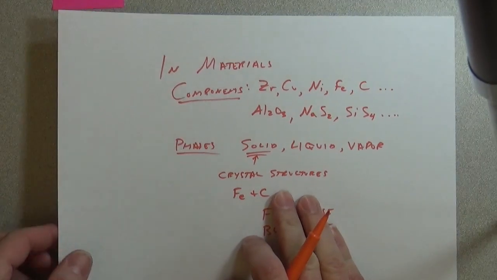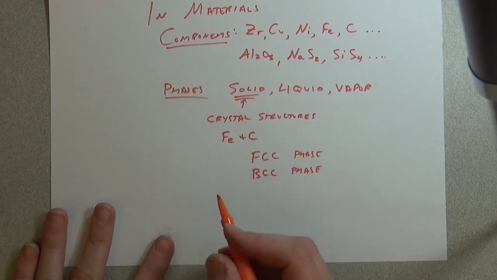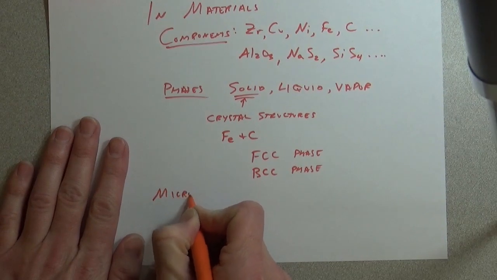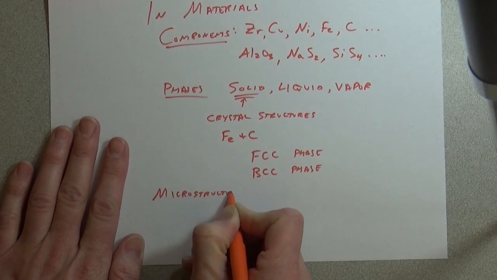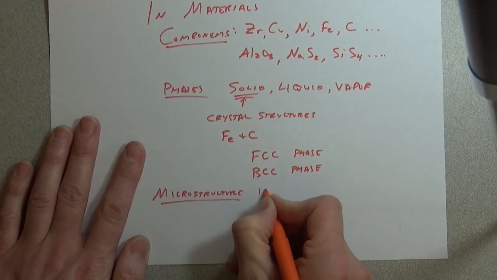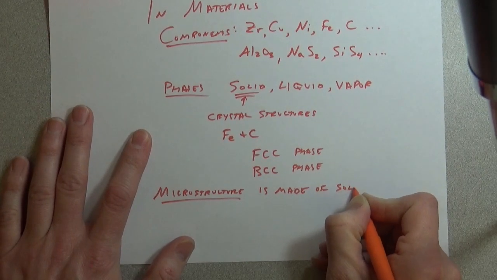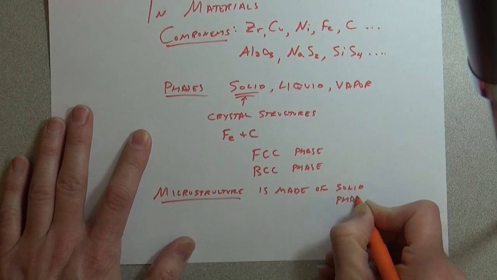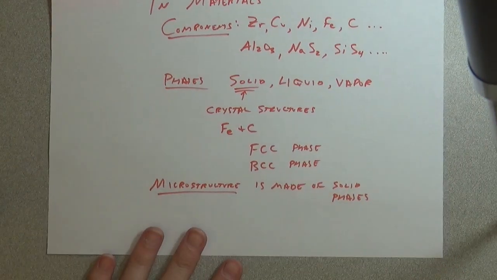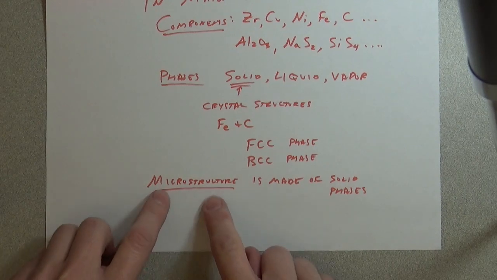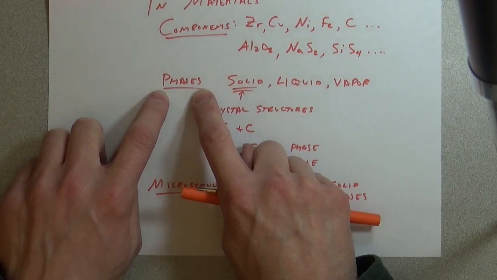Now, once you have these phases, the phases come together in the system and they make up a microstructure. Solid phases. So it's something that oftentimes you'll hear people talking about, things like the eutectic microstructure. And the eutectic microstructure is made up of two phases.